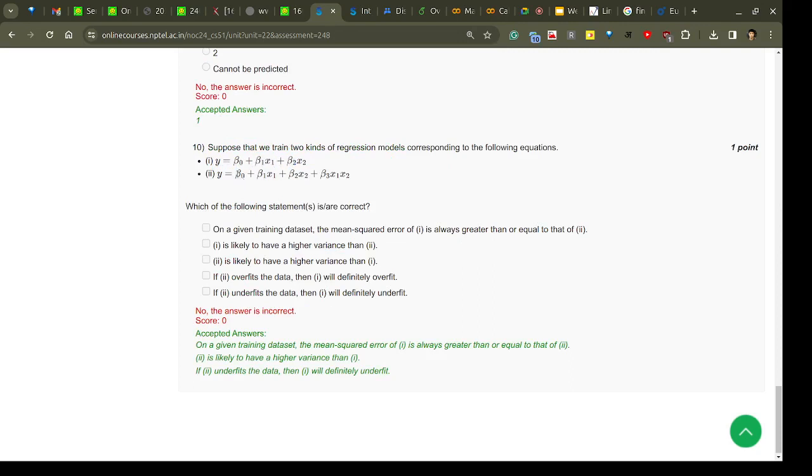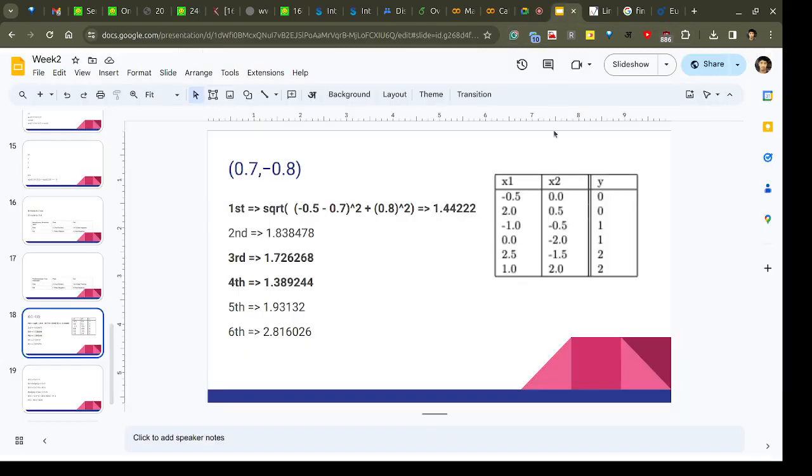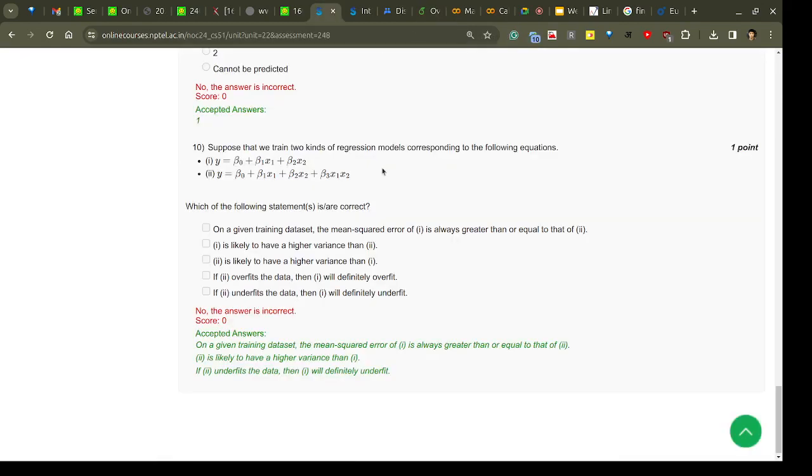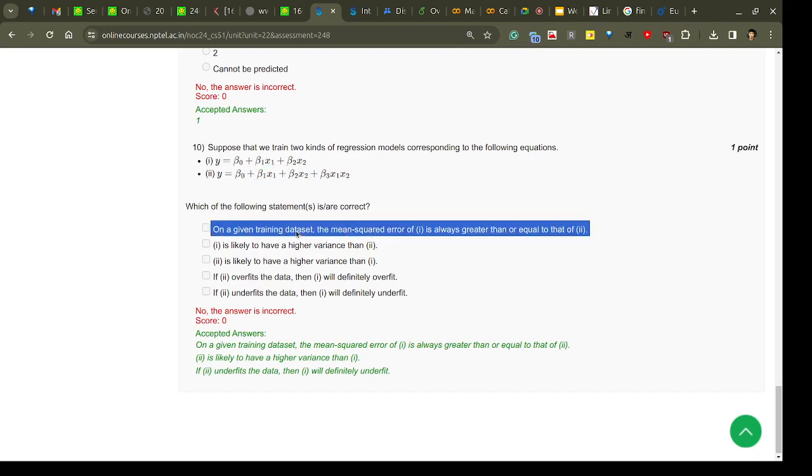But if you also give another parameter beta 3, and the multiplication of these two, it is much more likely to fit. As this model is more complex, it is more likely to fit the training data. It doesn't matter what will happen for test data, but on training data, it is much more likely to fit. And if it fits better, that means the error will be lower, right? So the mean square error of 1 will be higher, and of 2 lower. So the first one is correct.